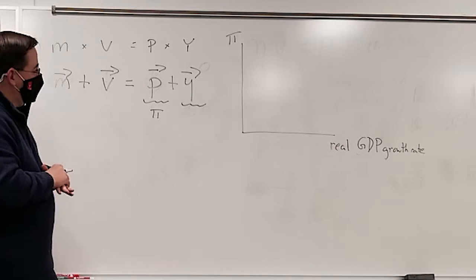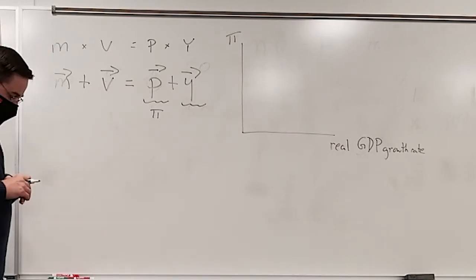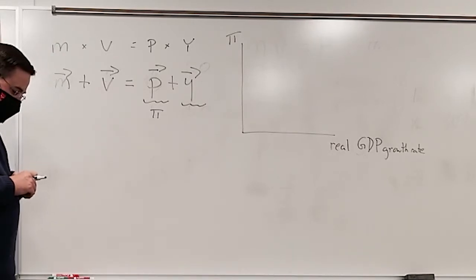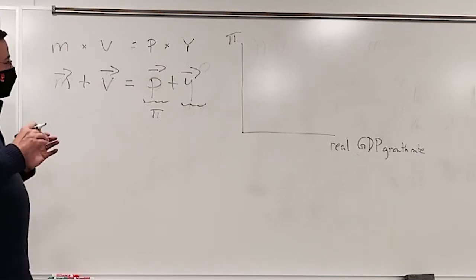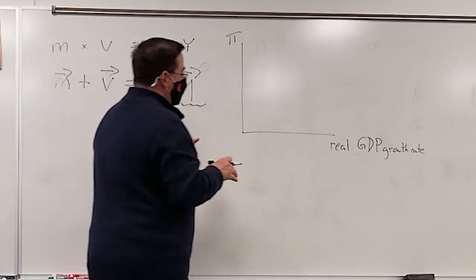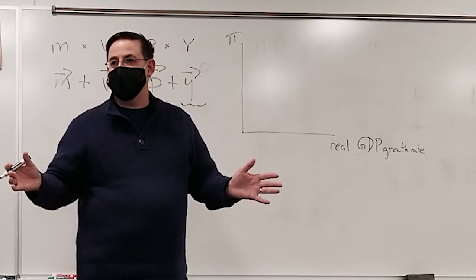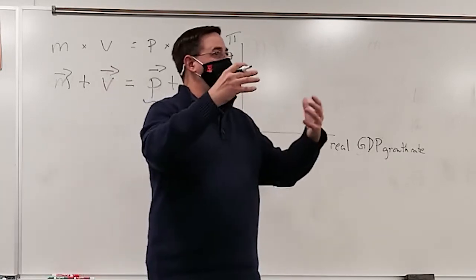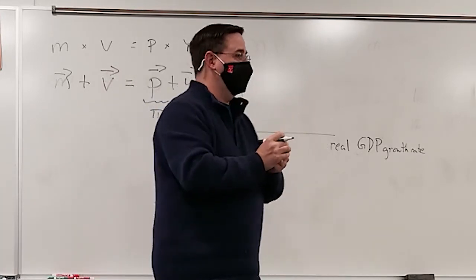What I'd like to start by thinking about is trying to understand how we can build a model that isn't about just one market, but instead is about all of the markets. Think about this.